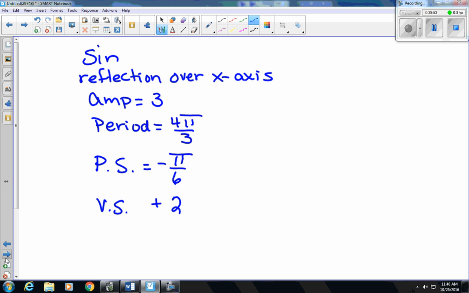Fractions tough on this one? It's okay to use your calculator. Got it already? You don't know? Maybe? Go back through and look at it backwards.